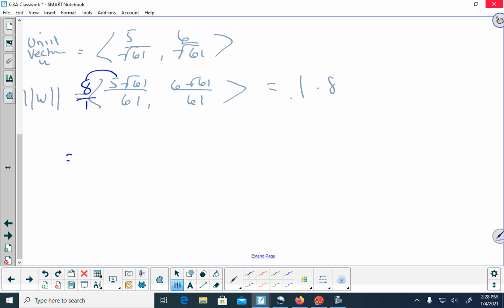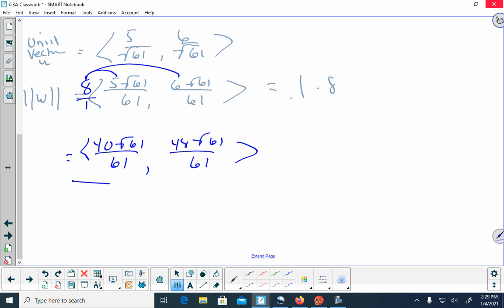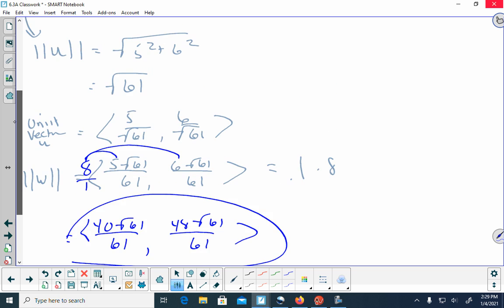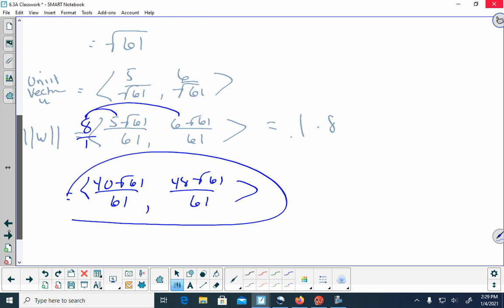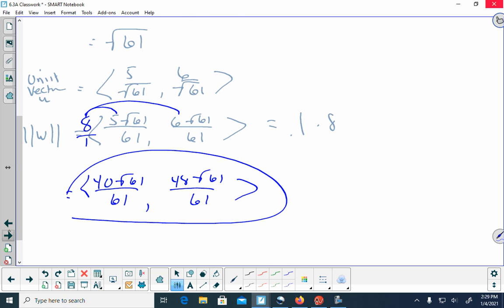So 8 times 5 will be 40 times the square root of 61 over 61. Nothing simplifies. And then 8 times 6 will be 48 times the square root of 61 over 61. And this is my final answer. And it was given to me in component form, so I'm going to answer in component form. So that is my final answer for that one.